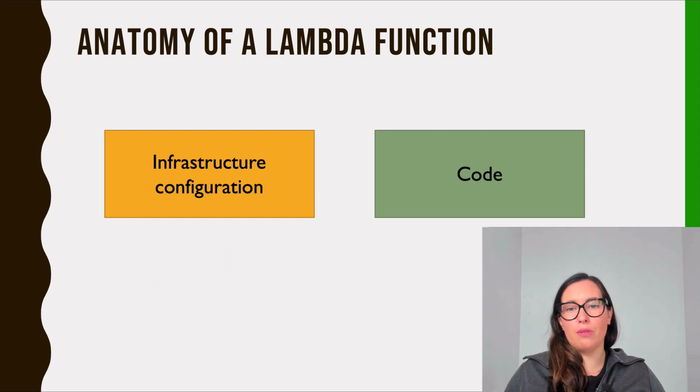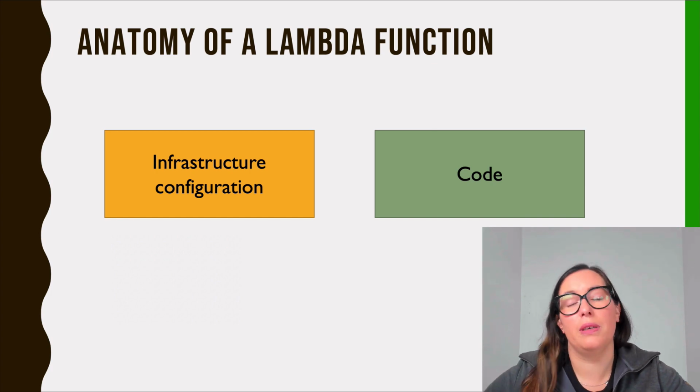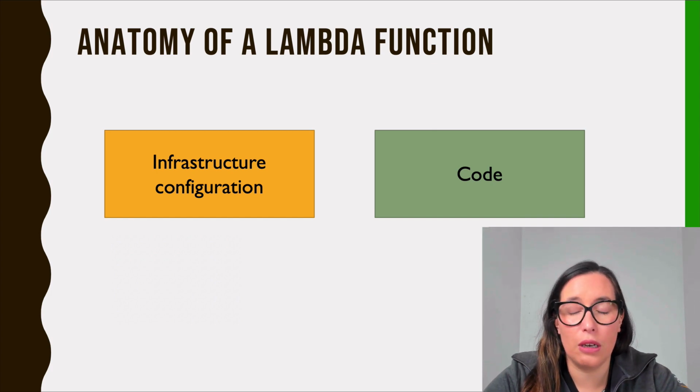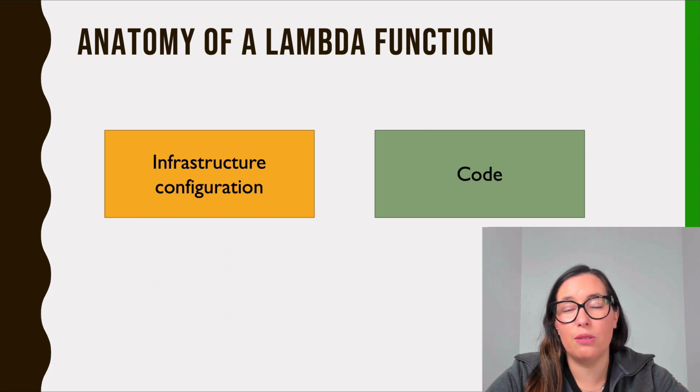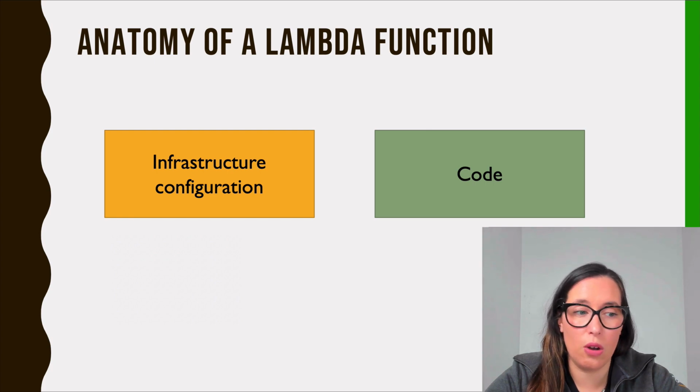When you're working with Lambda functions, you really need to have that configuration, and you will be very close to it, and you will see it a lot. And when we get started with Lambda functions, you will see how we are all the time defining that infrastructure configuration and not only the code.